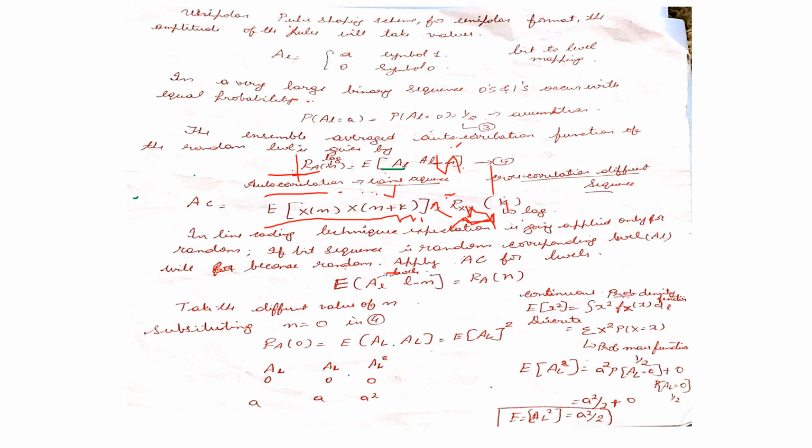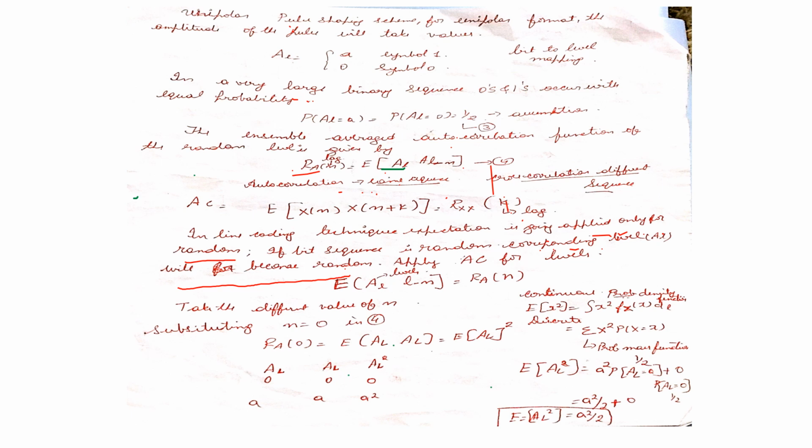In the line coding technique, the expectation is applied only to a random signal. So if the bit sequence is random, the corresponding amplitude level is also going to be a random signal.